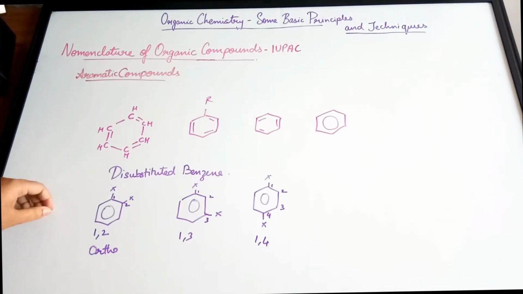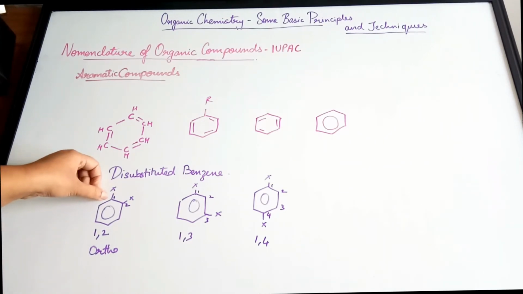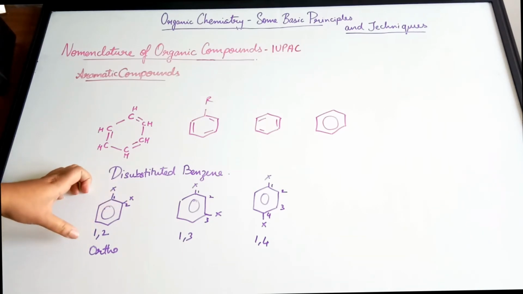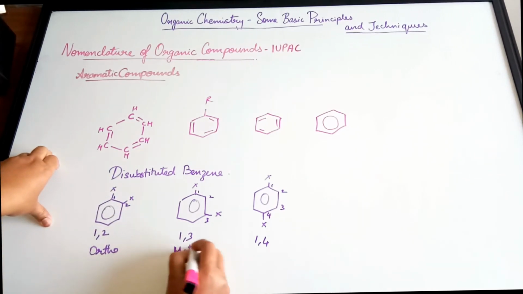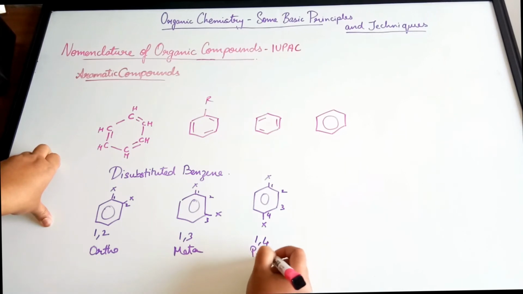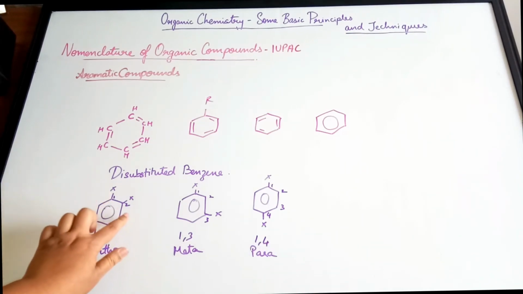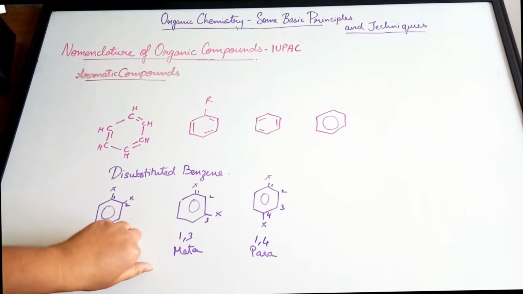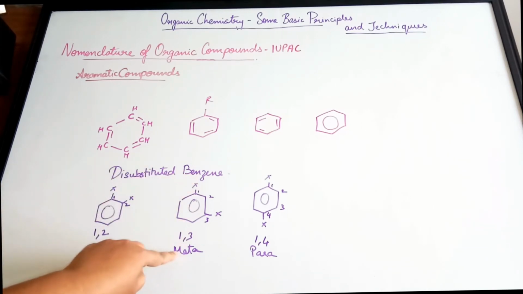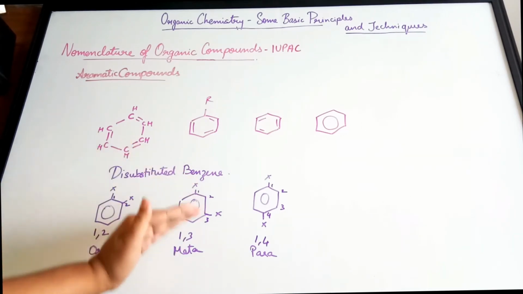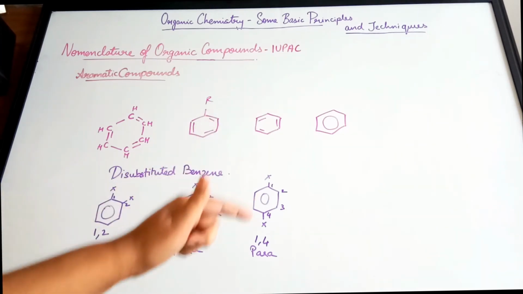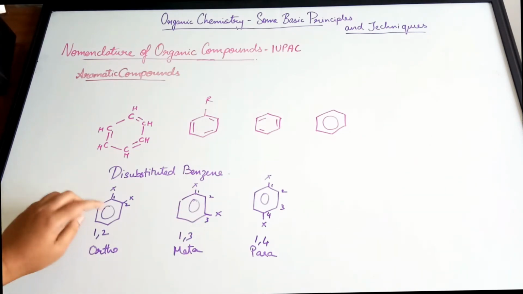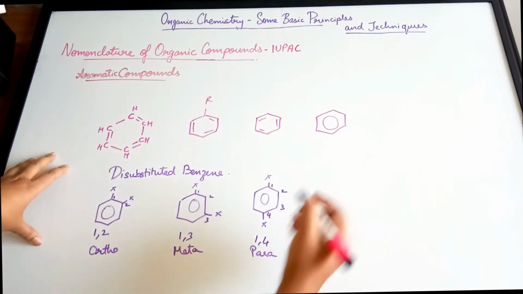So basically the second substituent is in the ortho position from the first one. Similarly, this is called meta and this is para. So ortho position is the adjacent carbon atom, whereas meta is when both the substituents are on alternate carbon atoms, and para is when they are diagonally situated. Now, for example, this alone need not be ortho.